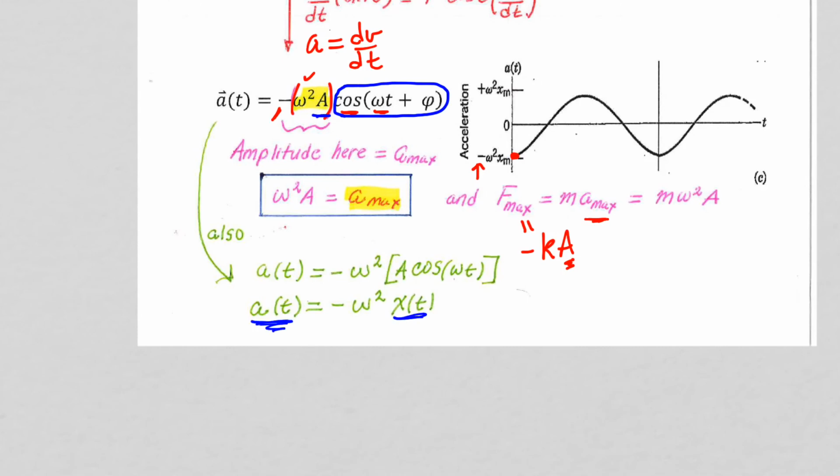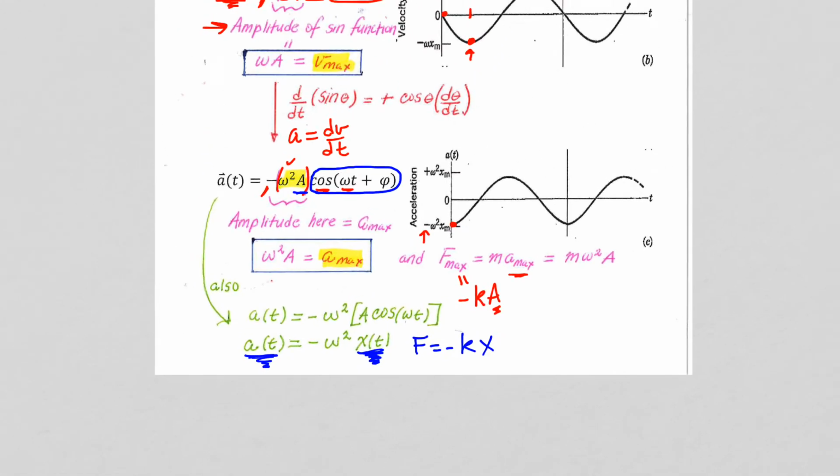So the acceleration is directly proportional to the position, but we knew that because the force is Hooke's law, F equals minus kx.